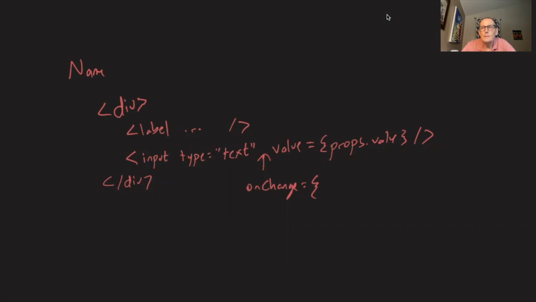The problem is we have got some state information, so we've got some change that we're making in a child. And where do we want that to be reflected? We don't want to just store this locally in the name component. I mean, we could somehow keep track of the fact that we now have Joe X in the name, but eventually we've got to get it back up to the application.